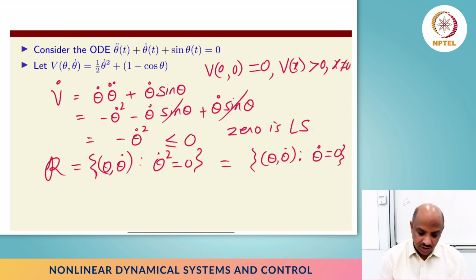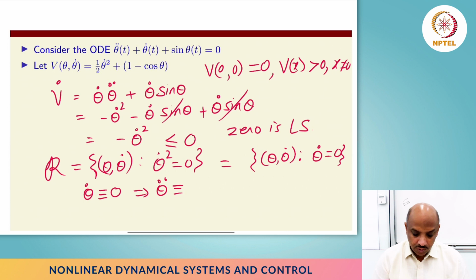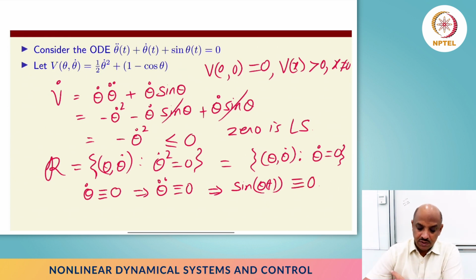Once again, we are trying to find the largest invariant set in this set, and if it is invariant, then theta dot is going to be identically 0, wherever you start. Therefore, theta double dot is going to be identically 0, which means sine of theta of t is identically 0, and that means theta is going to be an equilibrium point, right?